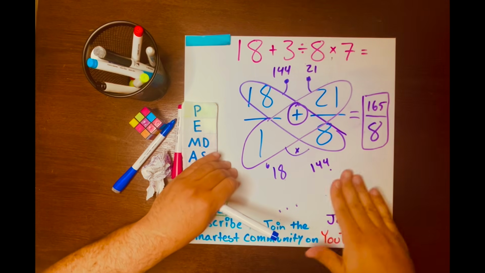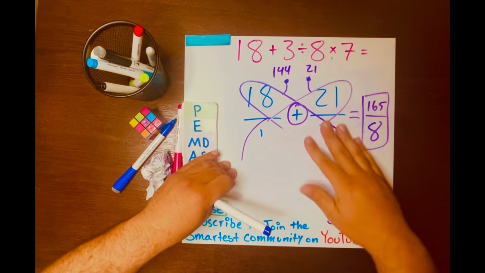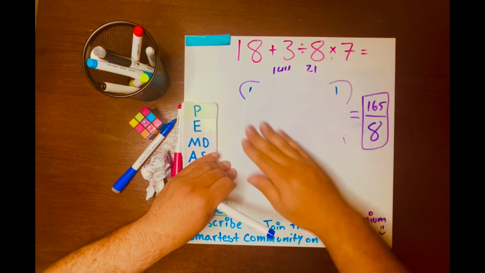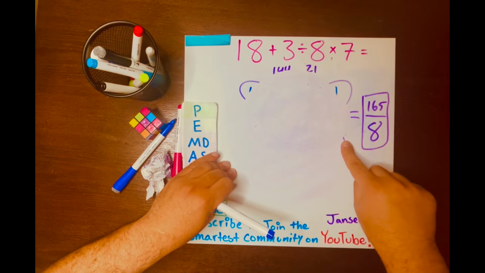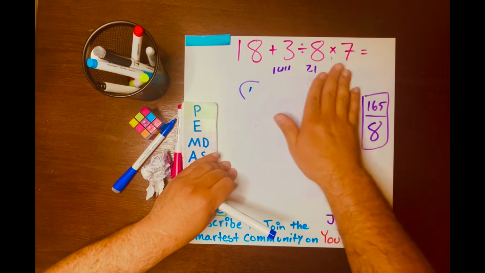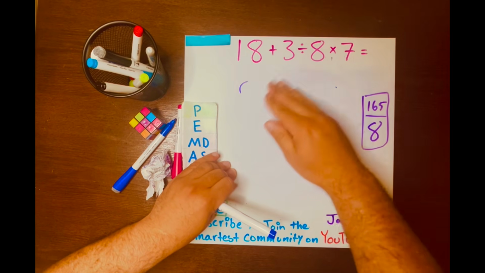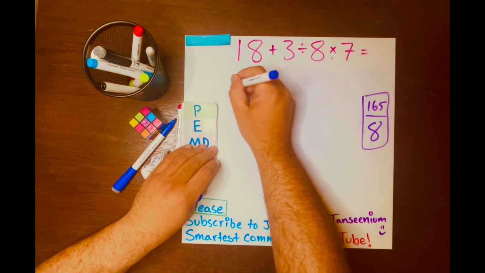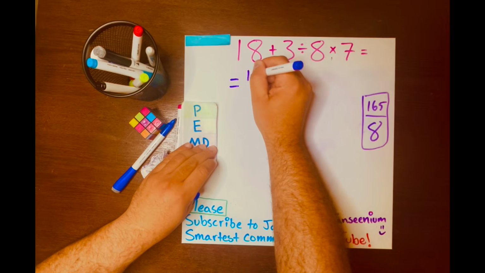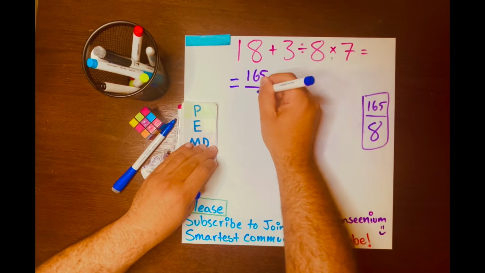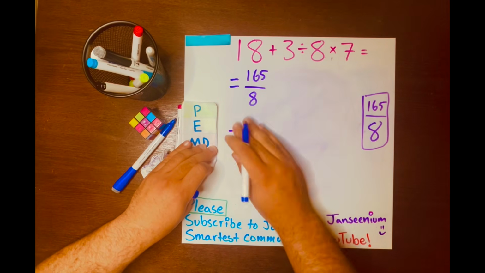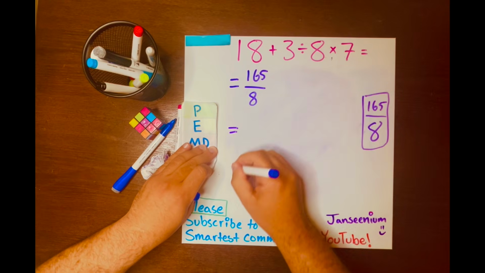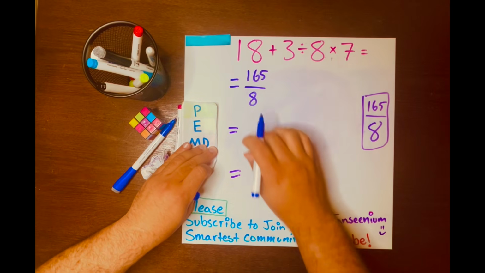Now let's figure out the decimal using long division, and because this is an improper fraction answer, we can get a mixed number answer as well. So I'll write the first answer here, 165 over 8, and then I'll write the decimal answer and the mixed number answer there.